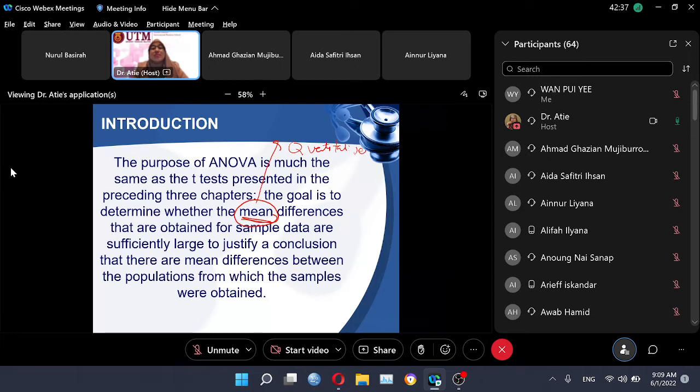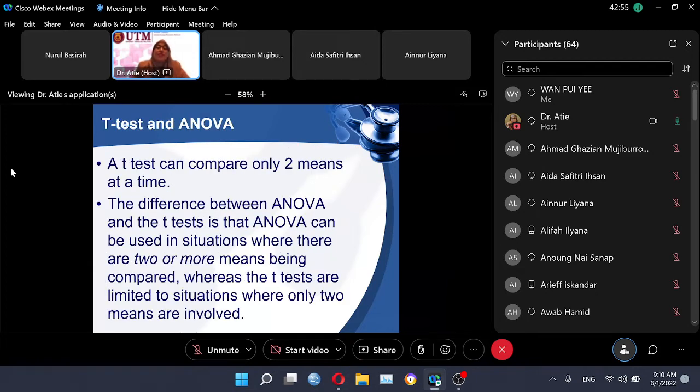So we want to check whether the mean differences obtained for sample data are sufficiently large to justify a conclusion that there are mean differences between the populations, the samples, or the groups, all right?